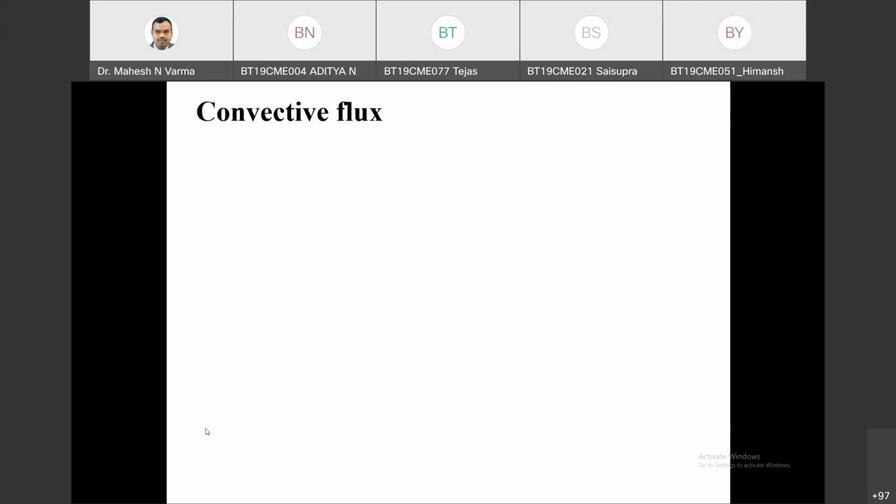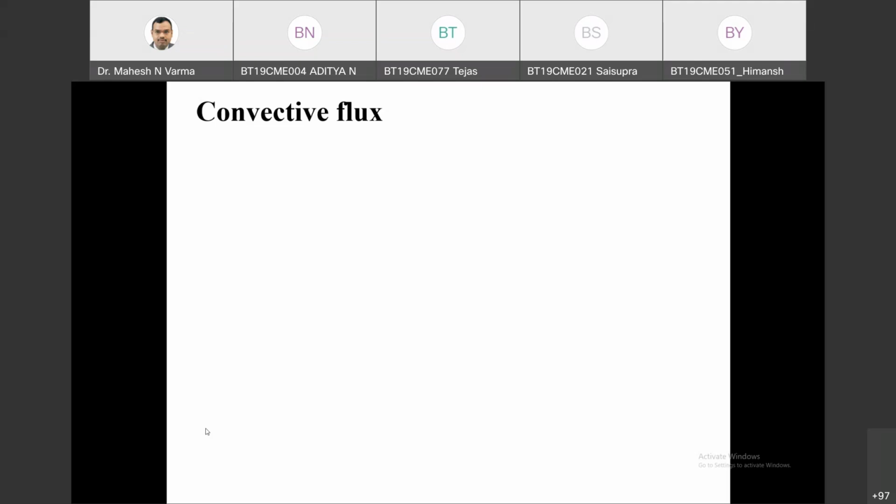If I am considering convective flux in association with molecular flux, wherever both fluxes are there, most of the time it will be dominated by the convective flux, because the characteristic of convective flux is bulk motion.